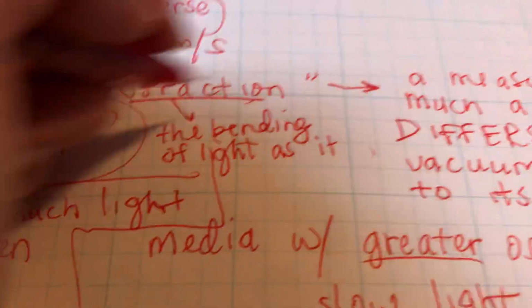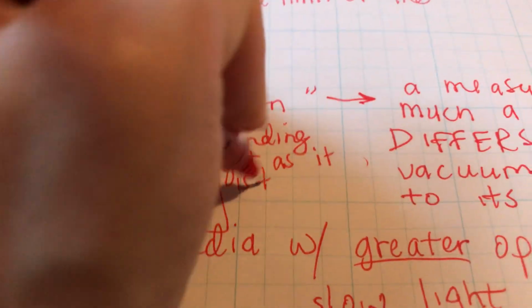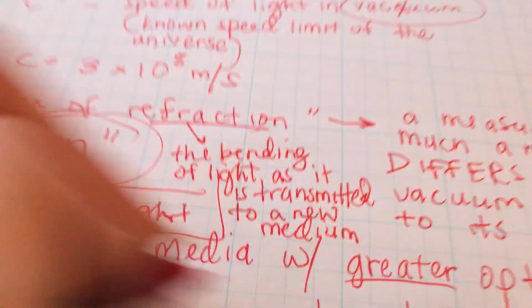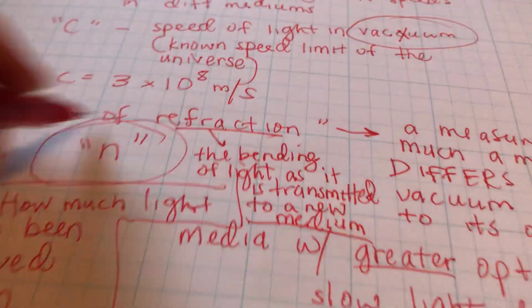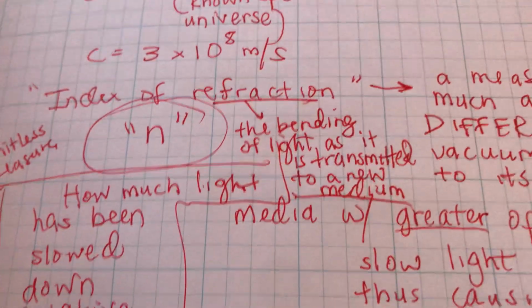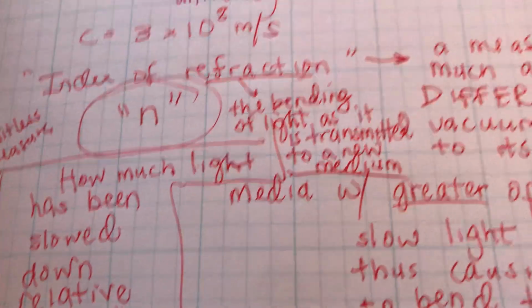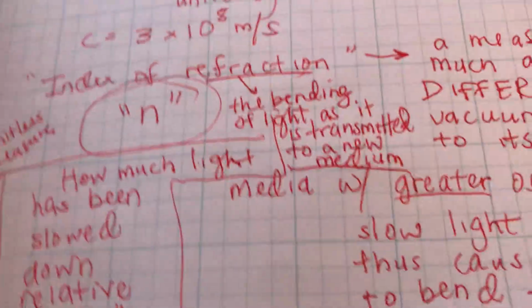So the bending of light as it is transmitted to a new medium. Okay, so a higher index of refraction means that the light is going to bend more because it is going to be slowed down more.